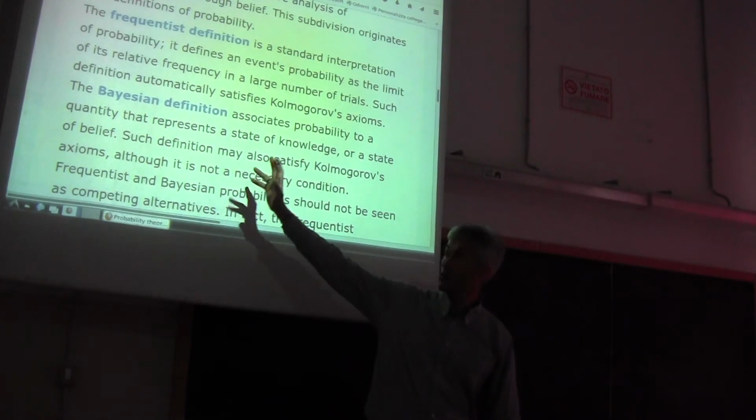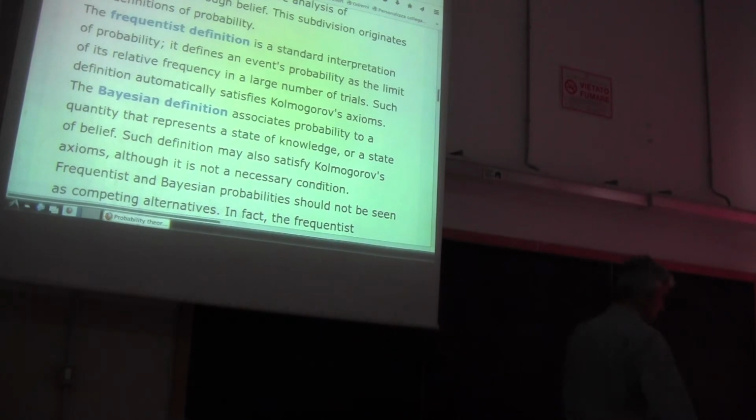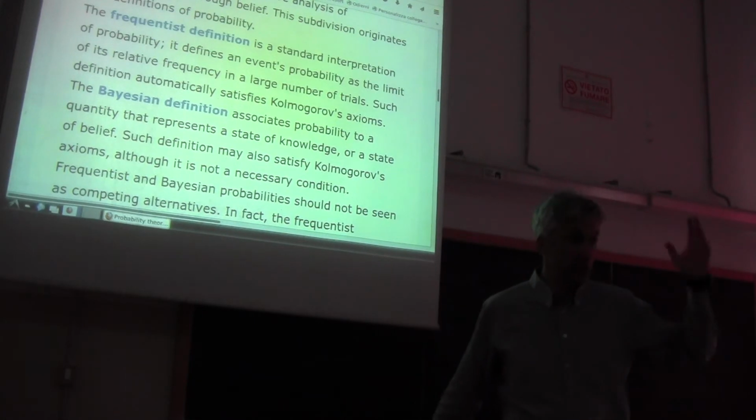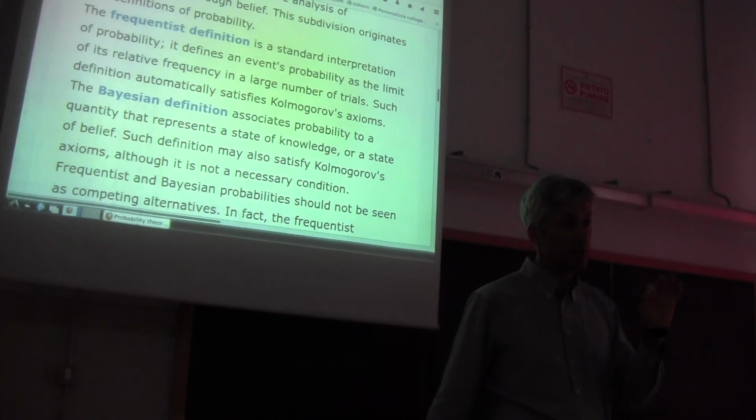Okay, now let's turn to the second definition, which I think is easier. It's based on experiments. So basically what you do is, with the coin, you toss it 100 times, and you count the number of times that you get a head.